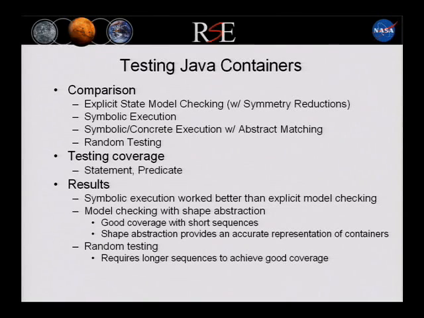We also applied symbolic execution with subsumption checking, and also symbolic and concrete execution with abstract matching. And we also compared everything with random testing. For coverage, we compared these techniques in terms of statement coverage. So we measured how many statements are covered in the code.